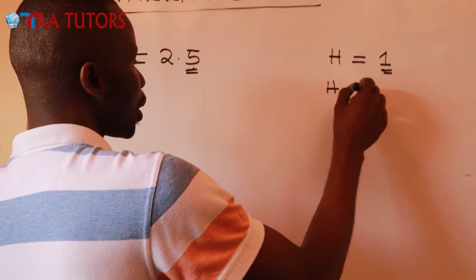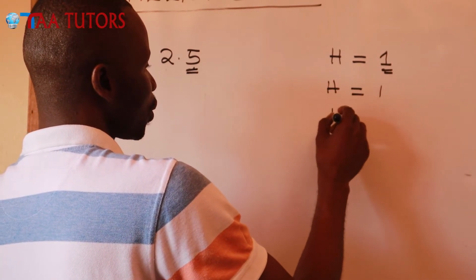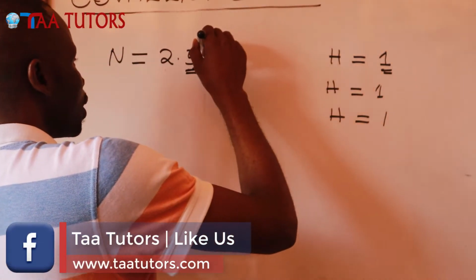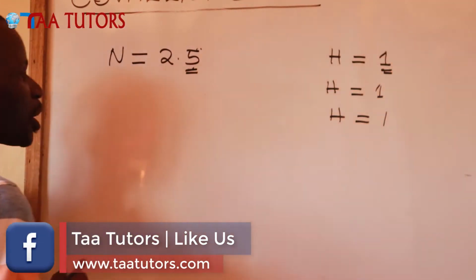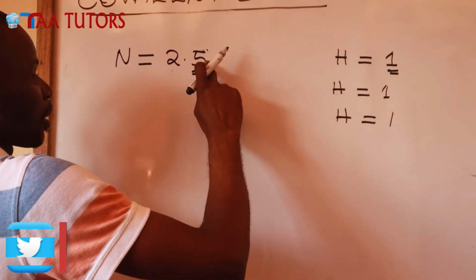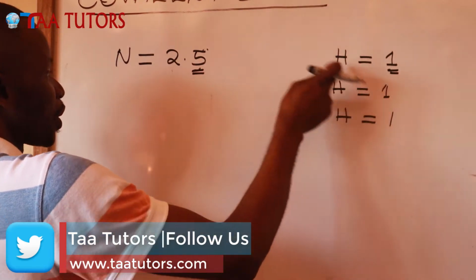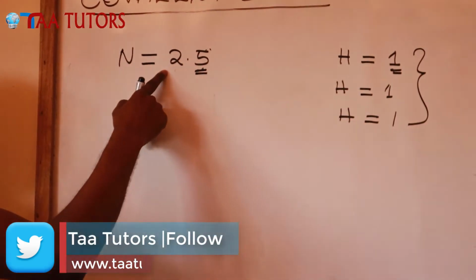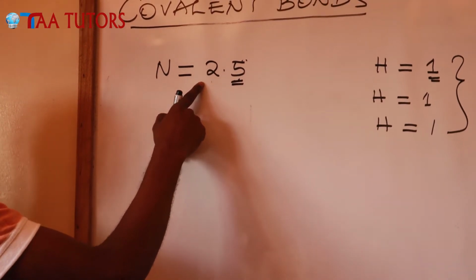Each will donate its 1 electron. So if this one donates 1 and gets 1 here, that means it will be 6. This one brings here 7. That one gets 1. And then the 8th one comes here. So we need 3 atoms of hydrogen with 1 nitrogen atom.